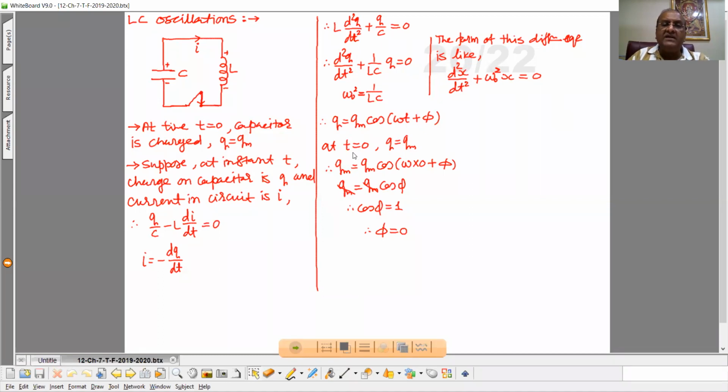Now at time t equal to 0, q equal to qm, as we discussed at the very first: at time t equal to 0, the capacitor is fully charged, so that is the maximum charge on the capacitor. So if we substitute t equal to 0 and q equal to qm, we get cos phi equal to 1. So phi equal to 0.